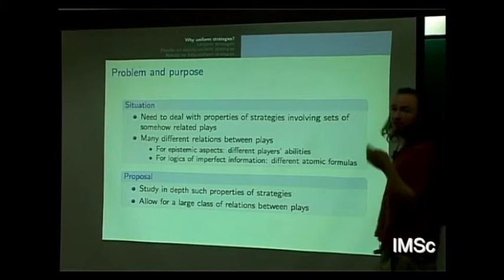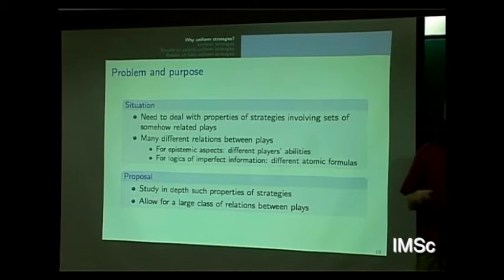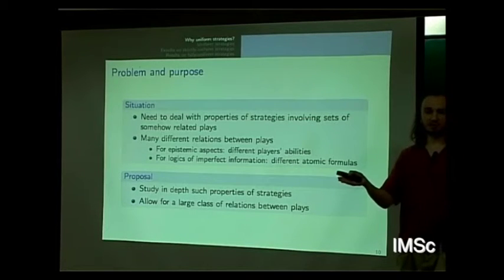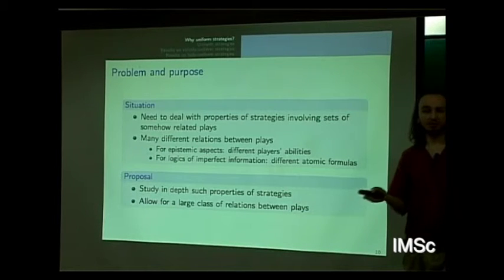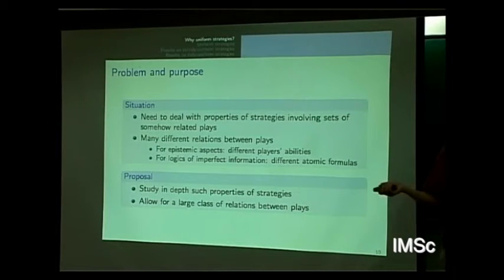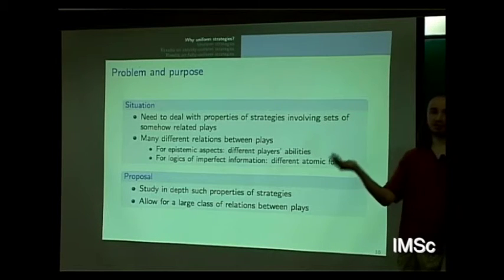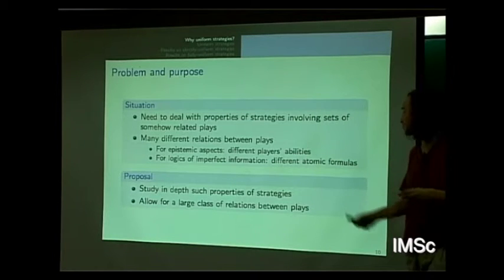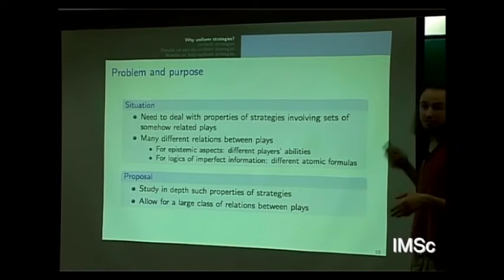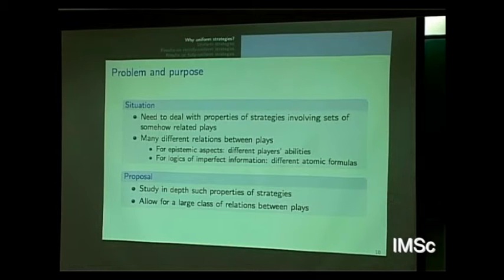So for epistemic aspects like games with imperfect information or games with epistemic winning condition, the relation will represent the plays that a player cannot distinguish from, but the nature of this relation will depend on the assumptions you make on the player's ability, like does he remember everything from the beginning, or does he remember nothing and just sees the last position? Does he perceive things synchronously or asynchronously? Well, this gives rise to a number of different relations.